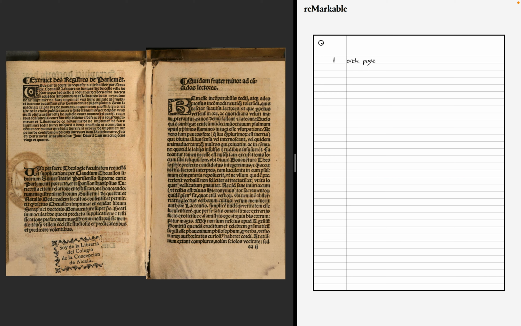It's going to take a sec to show up, but it'll be there. 1R is the title page, and then 1V is something else. And we need a signature. Those letters down there are called a signature. And so what we get in the signature is AAIJ.